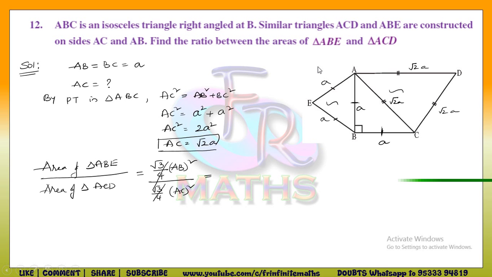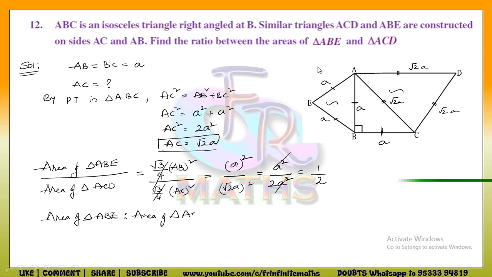Already AB I know, so I have considered AB as A. So A square divided by AC is nothing but root 2 times of A whole square. Now from this I can write as A square by 2 times of A square. So A square I can cancel it out. I can write as 1 by 2. So from this directly the ratio: area of triangle ABE is to area of triangle ACD is equal to 1 is to 2. So the ratio is 1 is to 2, right?